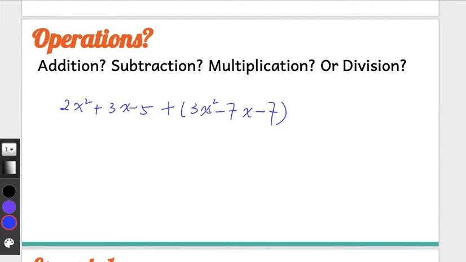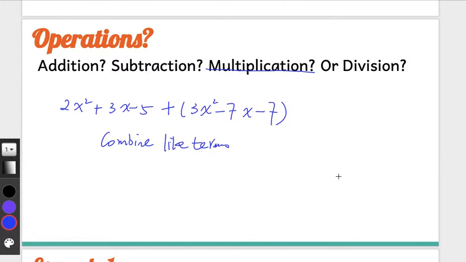This is exactly how we add or subtract polynomials. We just need to combine like terms for adding or subtracting polynomials. Multiplication will be a little bit different, so we're going to discuss more details later.